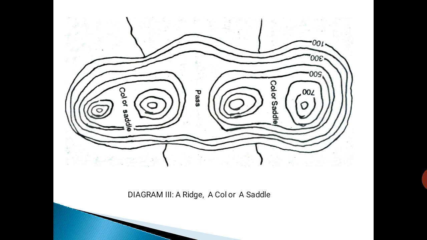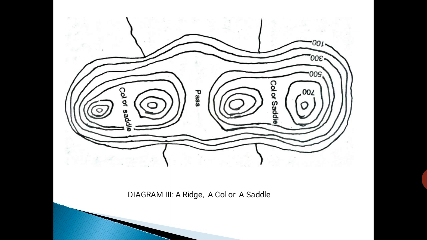Of course, I told you earlier that the difference between a col and a saddle is that if the gap between the two peaks is wider, one can refer to that as a saddle, and otherwise it can also be called a col.